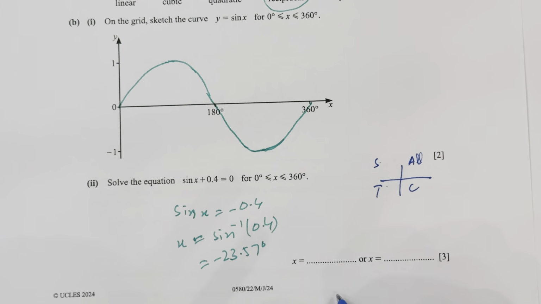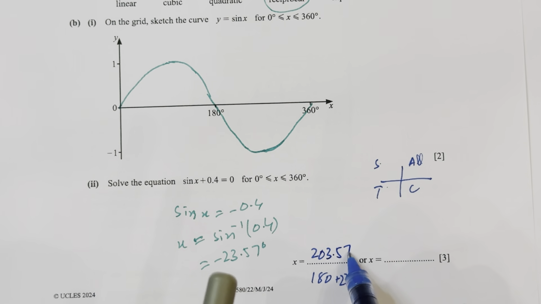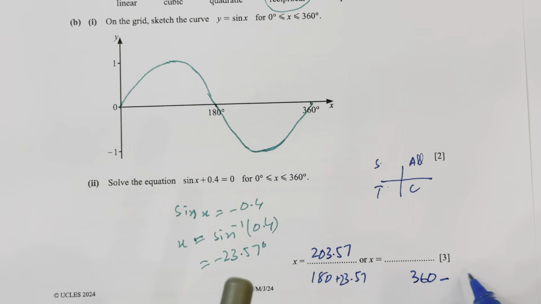For getting the third quadrant, you should add 180 plus 23.57 and you get the value that is equal to 203.57. And you need to subtract for the fourth quadrant: 360 minus the same 23.57.